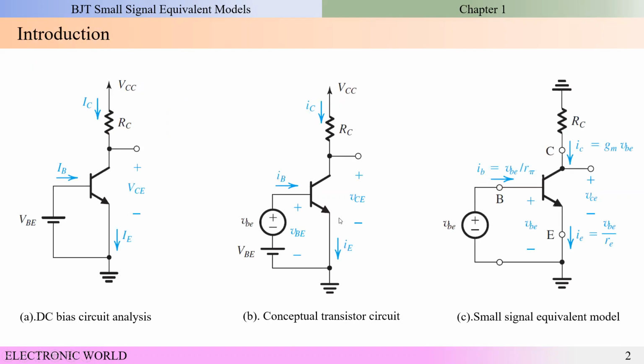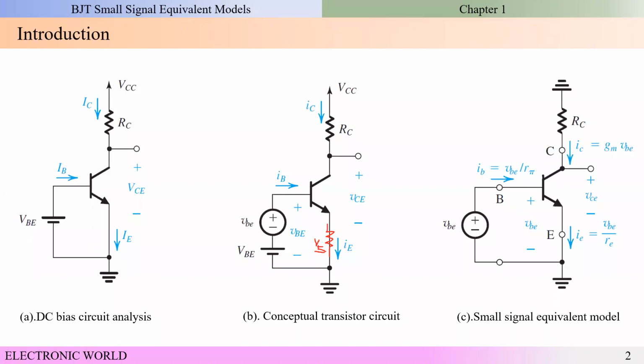But if you have a resistor RE in the emitter terminal, you can still use the hybrid pi model, but there is a difficulty in the calculation.